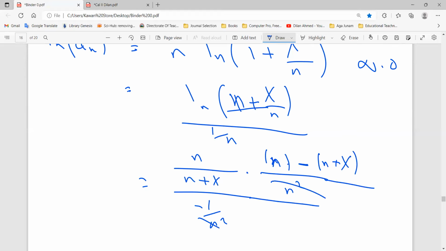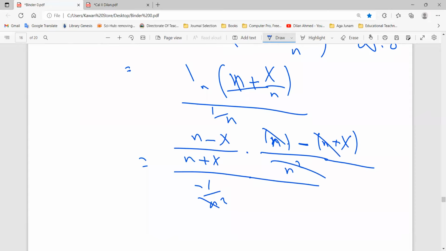So that one will remove, that one removes. It remains minus x over minus 1. Something like that. I think there's something wrong. This is multiplication. That's why I say something is wrong.